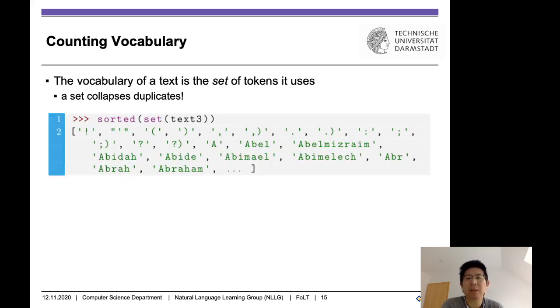But with Python, everything gets very easy to be done. For example, you just write one line of code like this, and you will get all the distinct tokens, and all the duplicated tokens will be automatically removed. So basically, you can use Python to do a lot of things like this in 1 second.